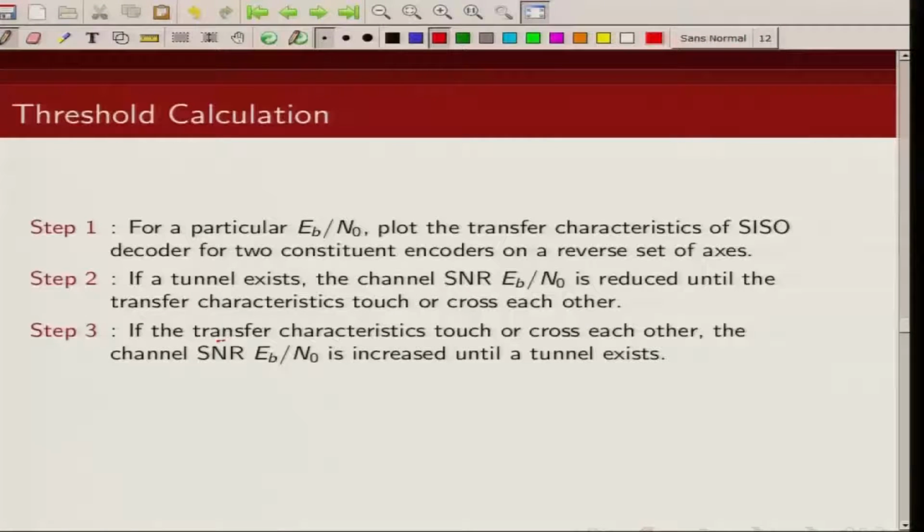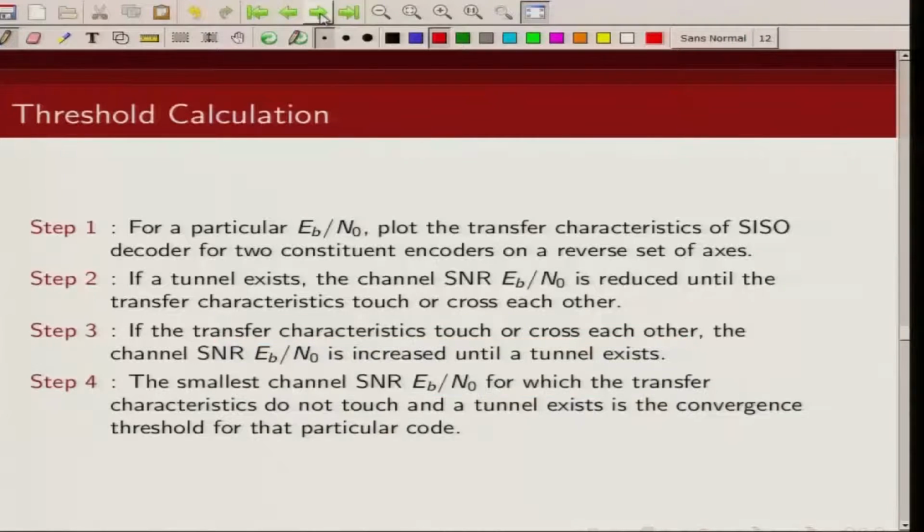So, if the transfer characteristics touch or cross each other, then what we need to do is increase the SNR until there is a tunnel, still a tunnel. So, the smallest channel SNR for which these two transfer characteristics, which have been plotted on reverse axes, do not touch and a tunnel exists, is basically the convergence threshold for that particular code.